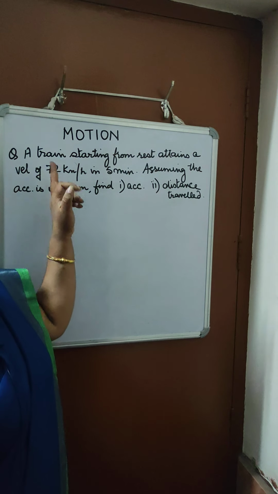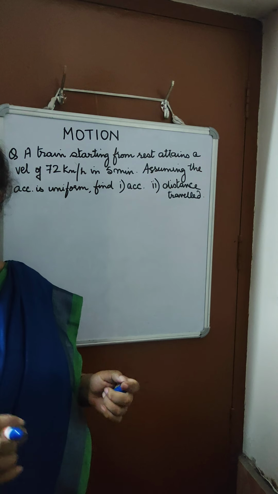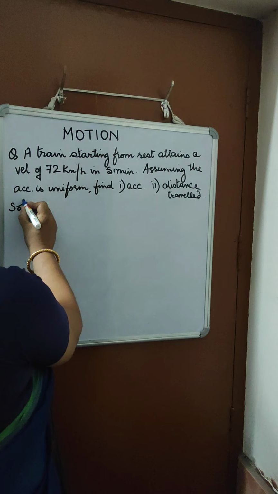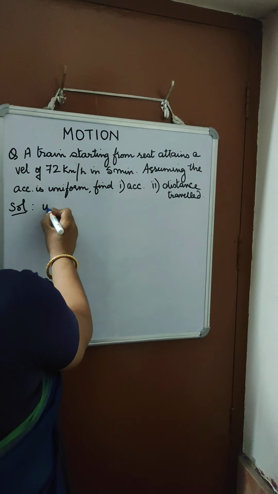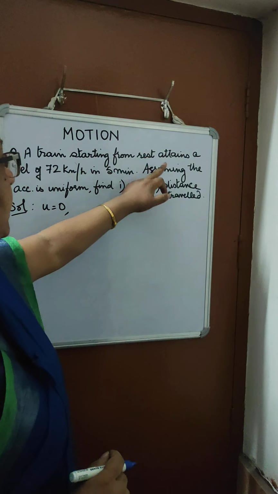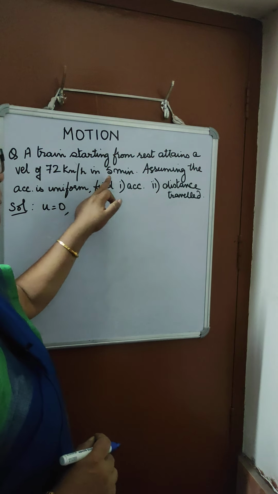Now what is said here? A train starting from rest, that is the initial velocity is 0.